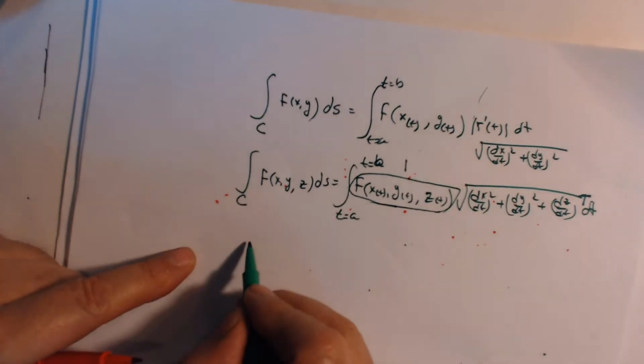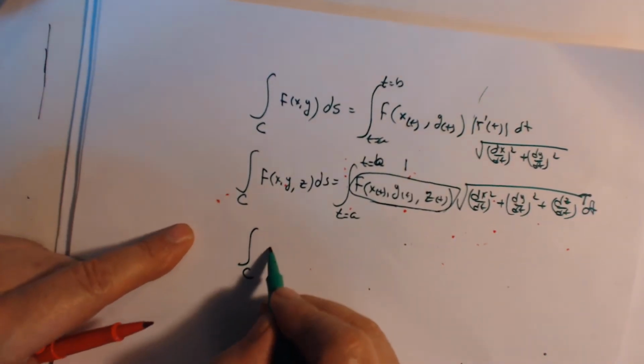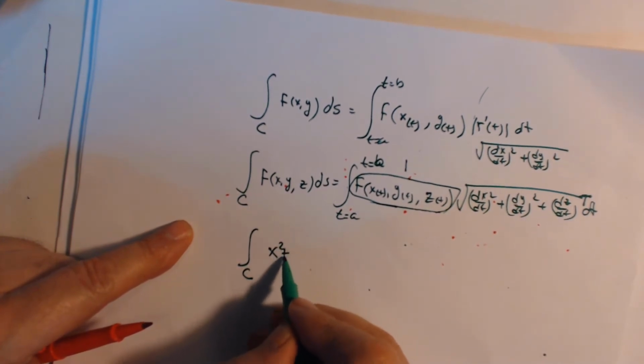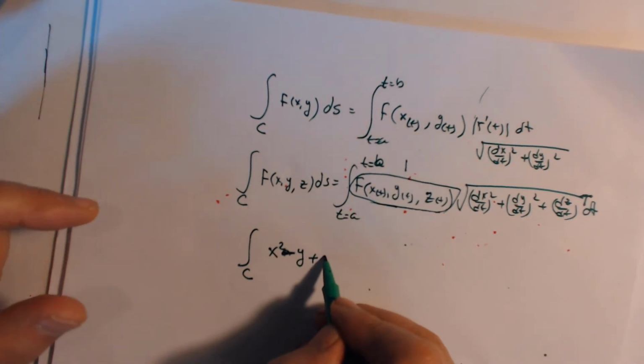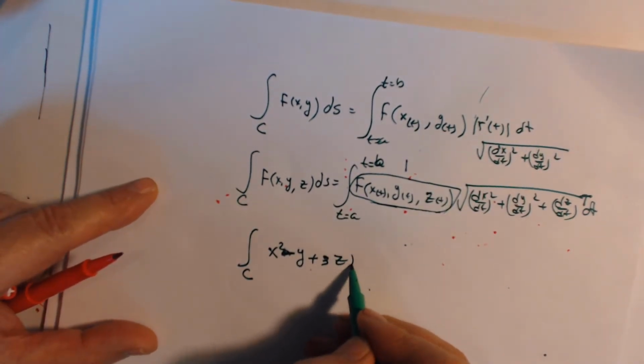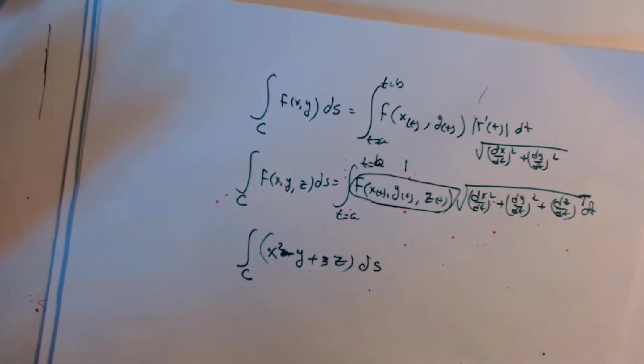Let's make an example. Okay, I'm going to have a line integral of x squared minus y plus, maybe I pick 3z, over some path. And somebody is going to say, what is your path right here?